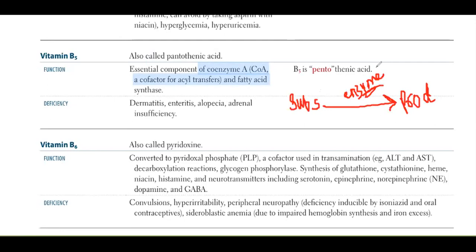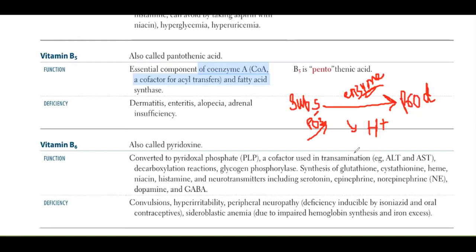Now it depends on the name of the enzyme what it does. For example, if it is a dehydrogenase enzyme, it will remove a hydrogen. If it is a kinase enzyme, it will phosphorylate, that is, it will add a phosphate group, PO3 with a negative charge.